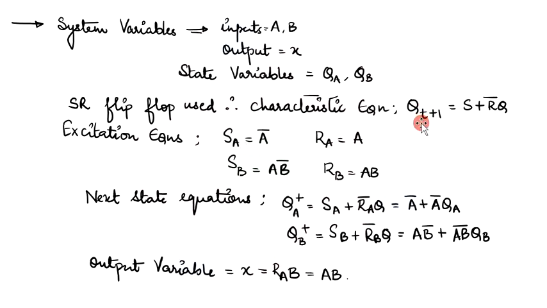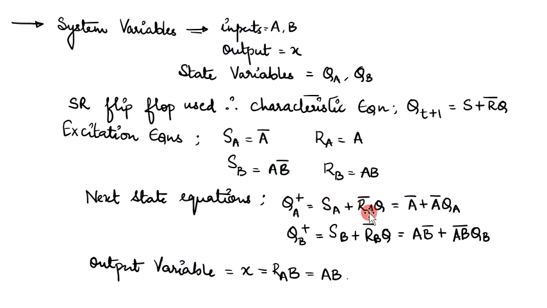So you have Q(t+1), which is going to be now represented as QA plus and QB plus. Instead of representing in terms of t plus 1, here it has been represented as just a simple plus. Because there are two flip-flops, separately we are going to have the two next state equations.